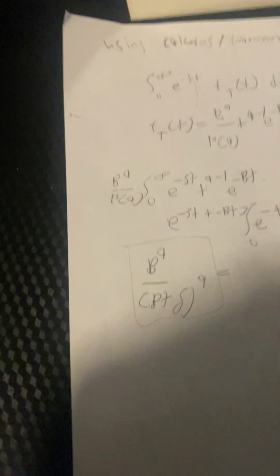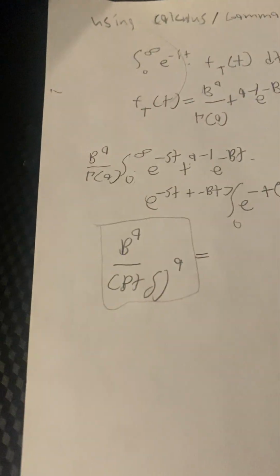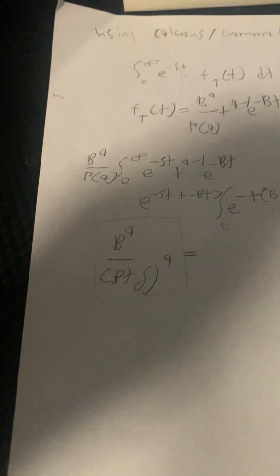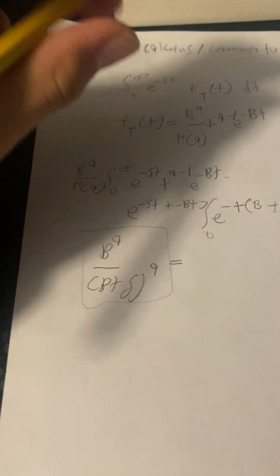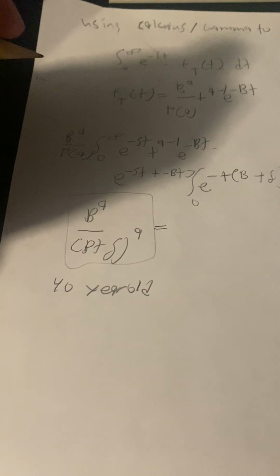So let's set up an example using this. Let's just say there's a 40-year-old. Let's just say they want to buy a life annuity.